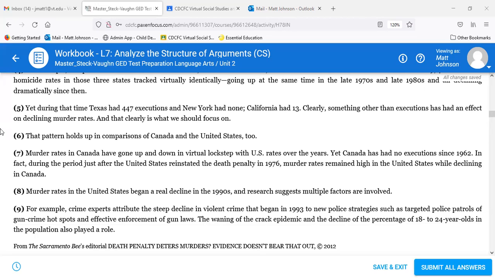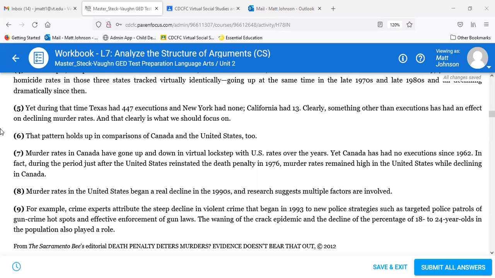Murder rates in Canada have gone up and down in virtual lockstep with US rates over the years. Yet Canada has had no execution since 1962. In fact, during the period just after the United States reinstated the death penalty in 1976, murder rates remained high in the United States while declining in Canada.